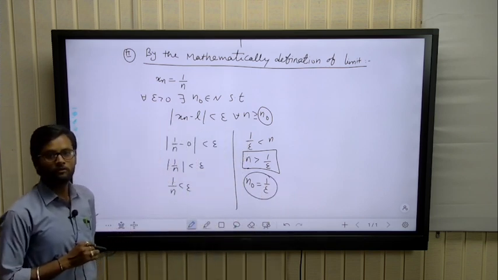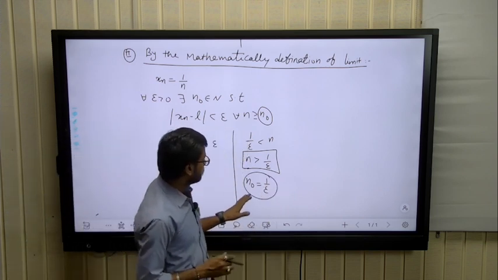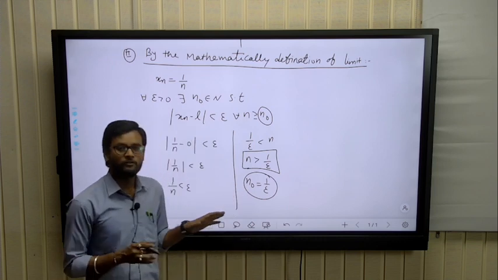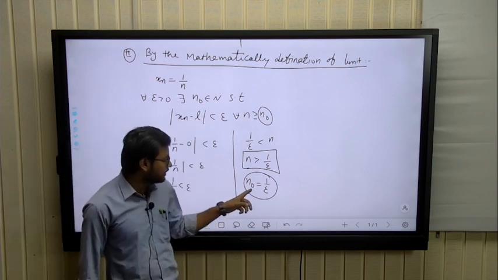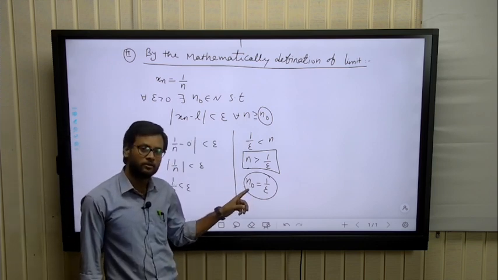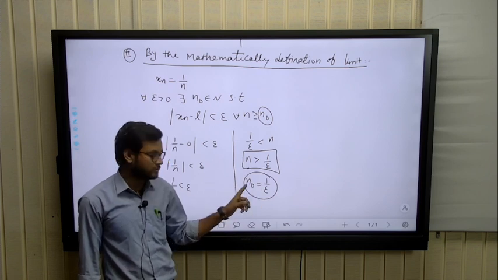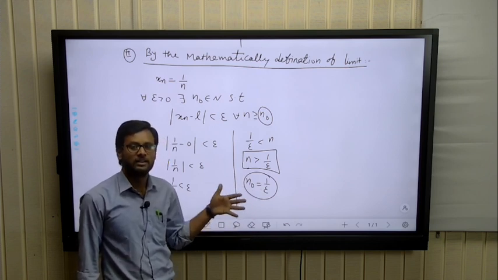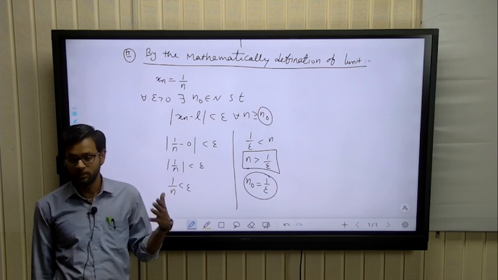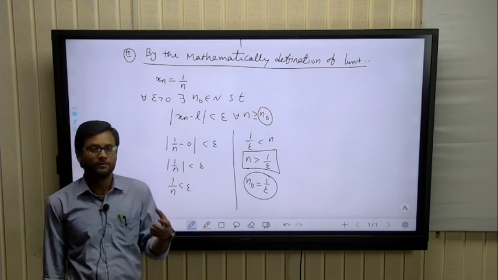This is the value of n naught. So for the limit of a sequence, we find the value of n naught. If n naught is finite, that is, if it exists, then we say that the sequence has a limit.